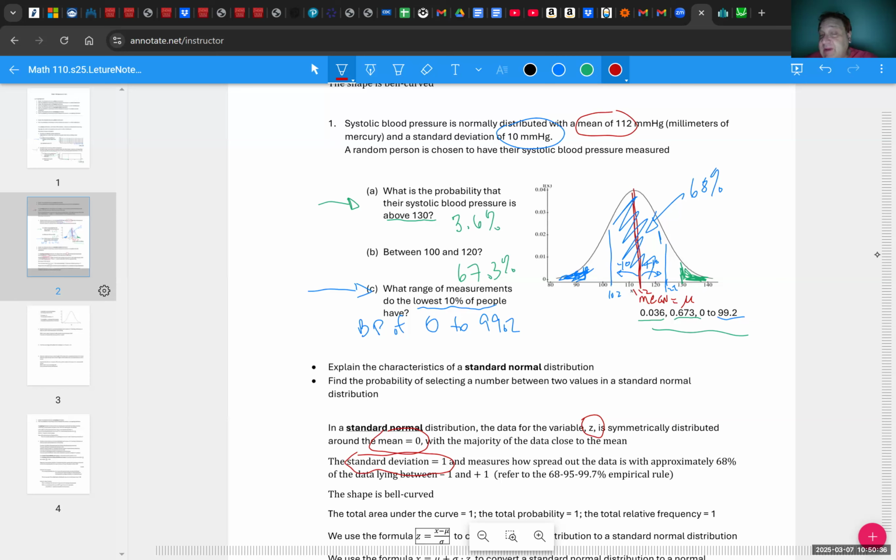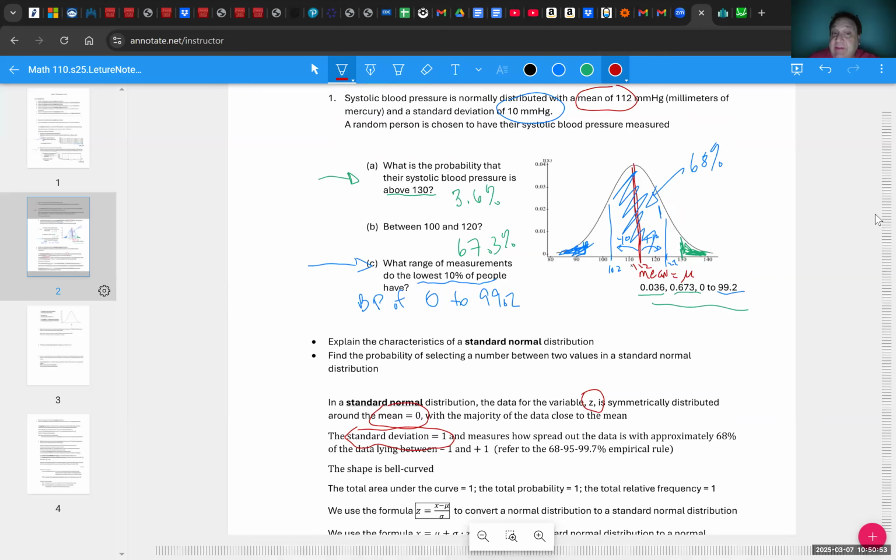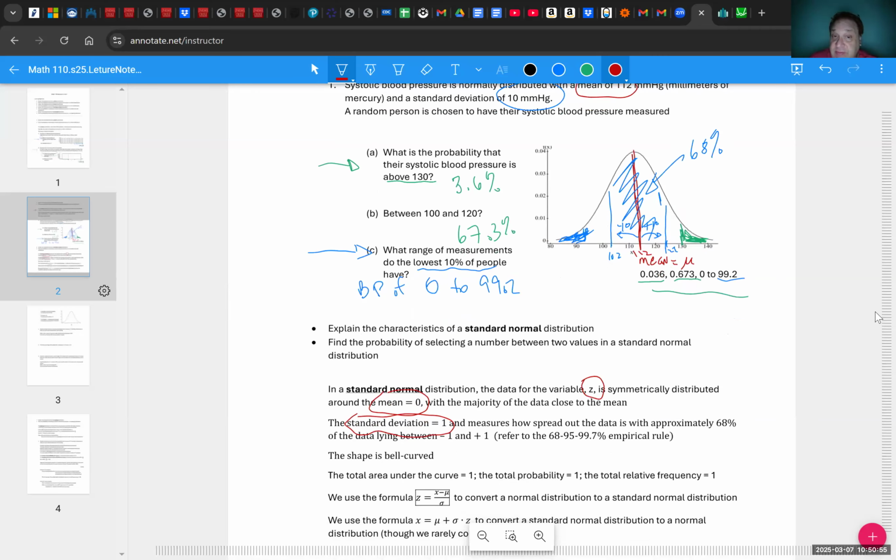Again, the 68, 95, 99.7 rule holds true. So if I take the mean of 0 and subtract 1, or add 1, I get from -1 to 1, and that's where 68% of the data would be. So the same empirical rule applies for the standard normal distribution.